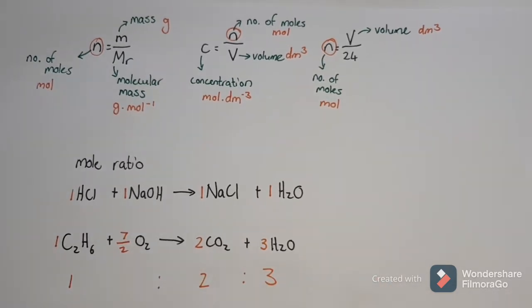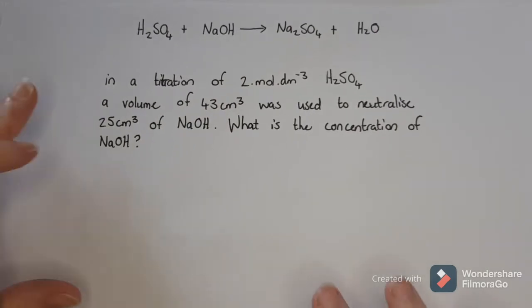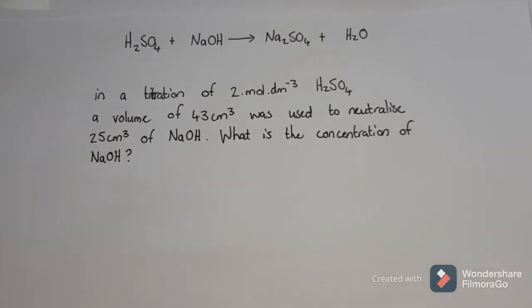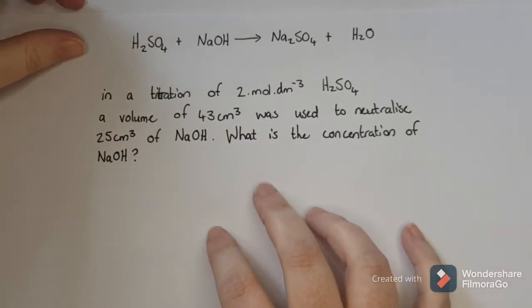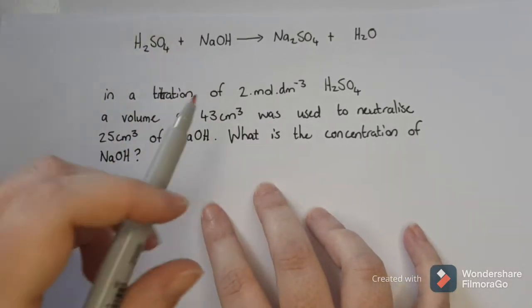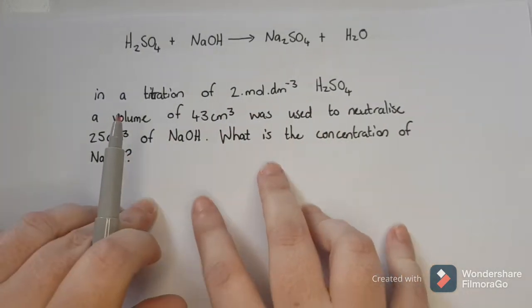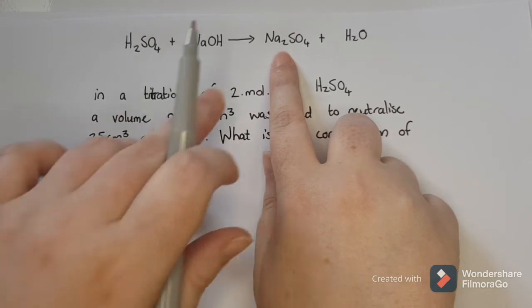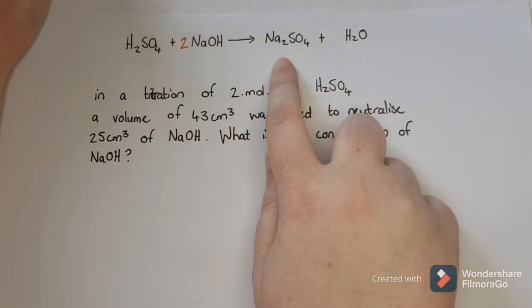So if we look at an example of that, I have an equation of sulfuric acid and sodium hydroxide making sodium sulfate and water. So the first thing I need to do is check if this equation is balanced, and it's not, because I have 2 sodiums over there, so that means I need 2 over there.